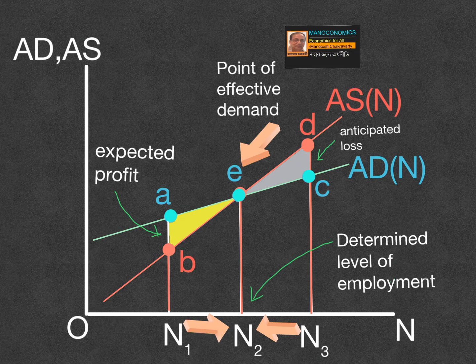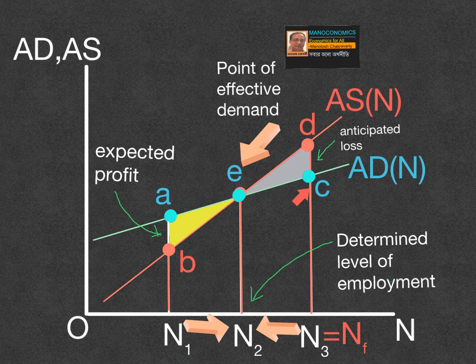Now let us suppose that ON3 is the full employment level. In a capitalistic economy, the entrepreneurs will not proceed up to ON3 because at ON3, aggregate demand falls short of aggregate supply.